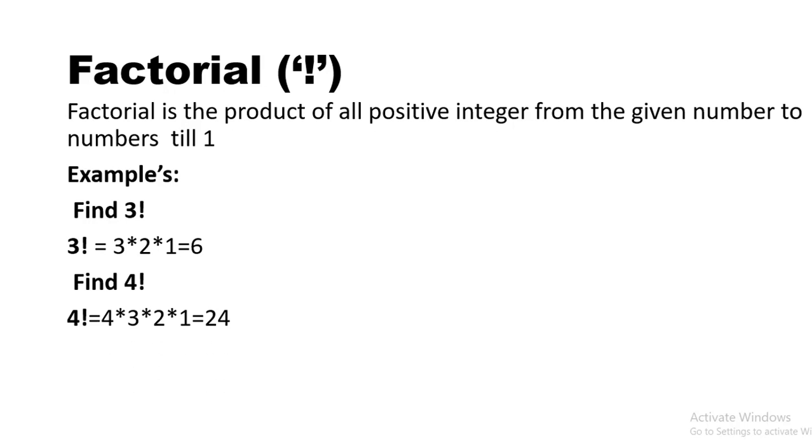So 4 factorial will be 4 multiplied by 3 multiplied by 2 multiplied by 1. Similarly, if we need to find 5 factorial, we'll start with 5 and take the multiplication of all the numbers in between till 1. So 5 into 4 into 3 into 2 into 1. That is how you find 5 factorial.